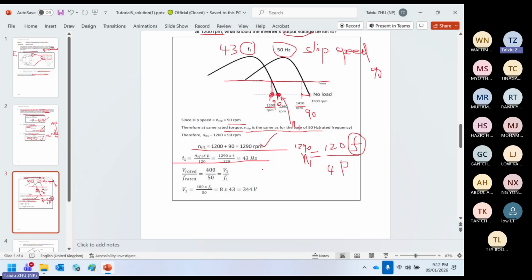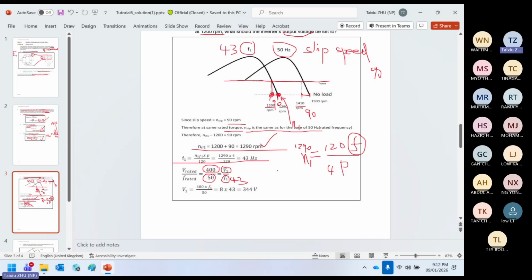Okay, one more step, you can find the voltage. Remember, V over F constant, right? So your V is 400 volts, rated value, then your frequency is 50 hertz. Now I don't know the voltage here, but I know the frequency, 43 hertz. Then sub into this equation.